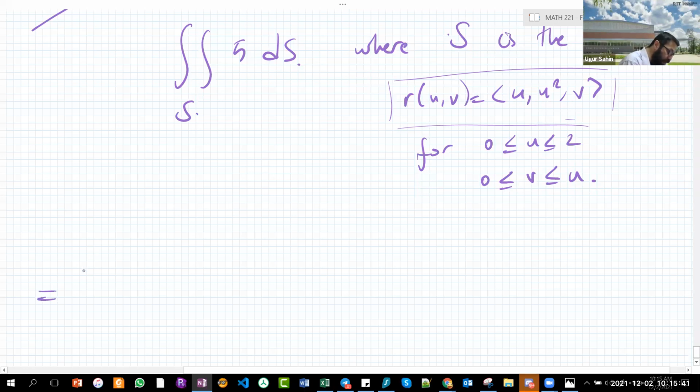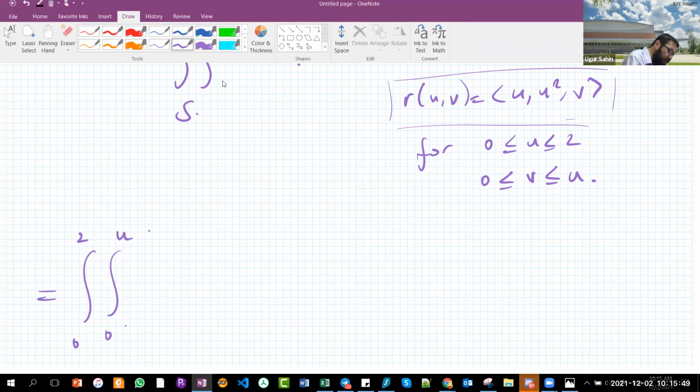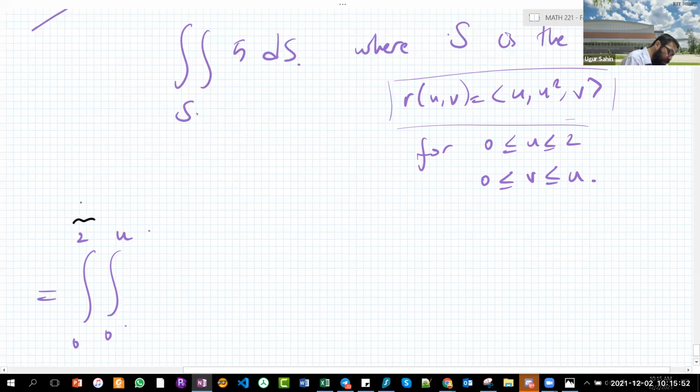What I'm going to do is look at the boundaries. Those boundaries are going to be for first u and then v. Since v is the variable, I kept it inside the double integral. What is my f here? The f function is equal to a constant.